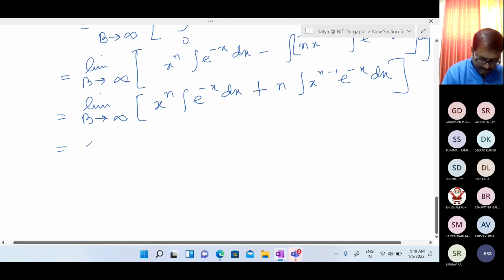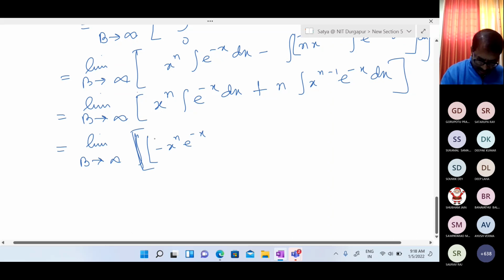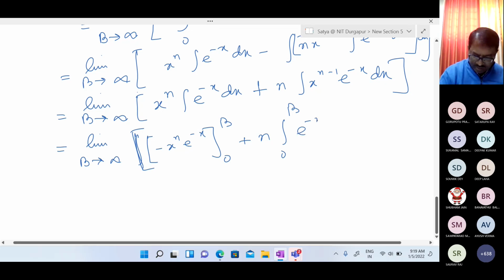This is equal to the limit as beta tends to infinity. If we integrate this, we get minus x to the power n e to the power minus x, and this bracket should be from 0 to b, plus n times the integration from 0 to b of e to the power minus x, x to the power n minus 1 dx.